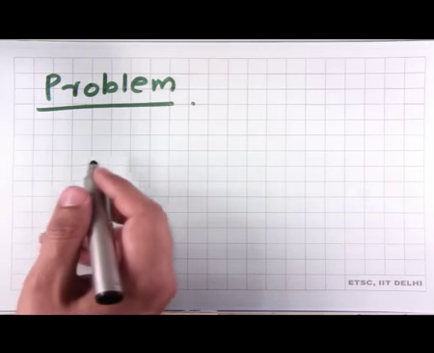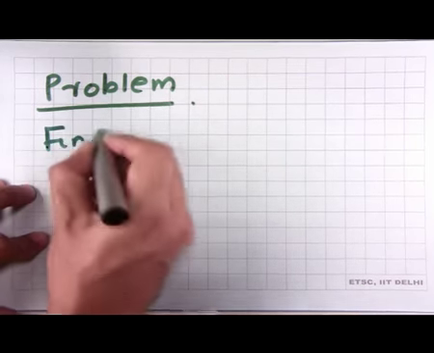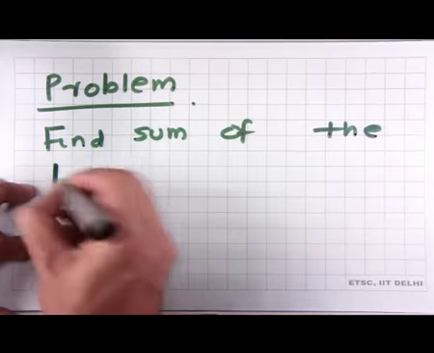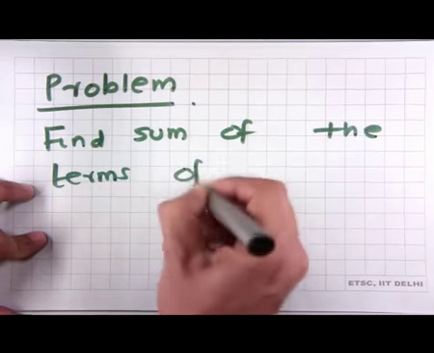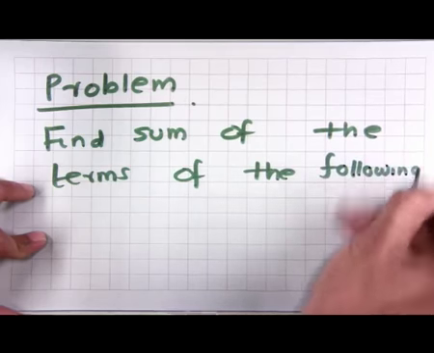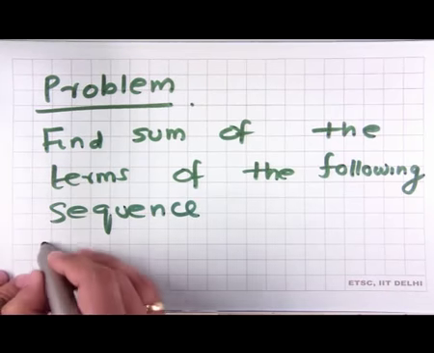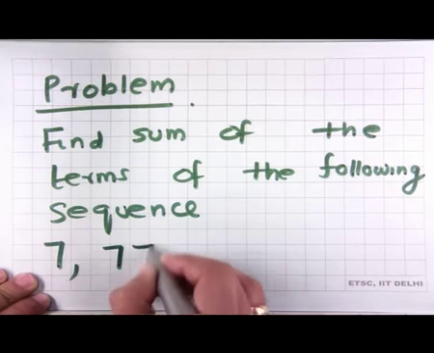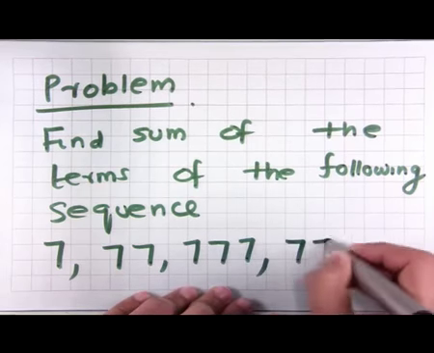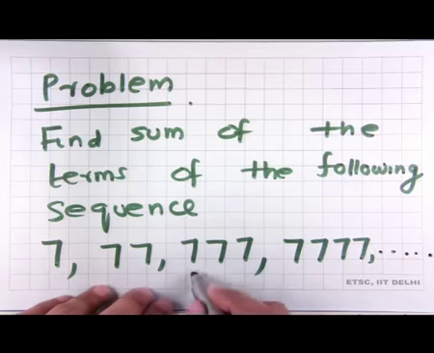Find the sum of the terms of the following sequence. The given sequence is 7, 77, 777, 7777, and so on, up to n terms.